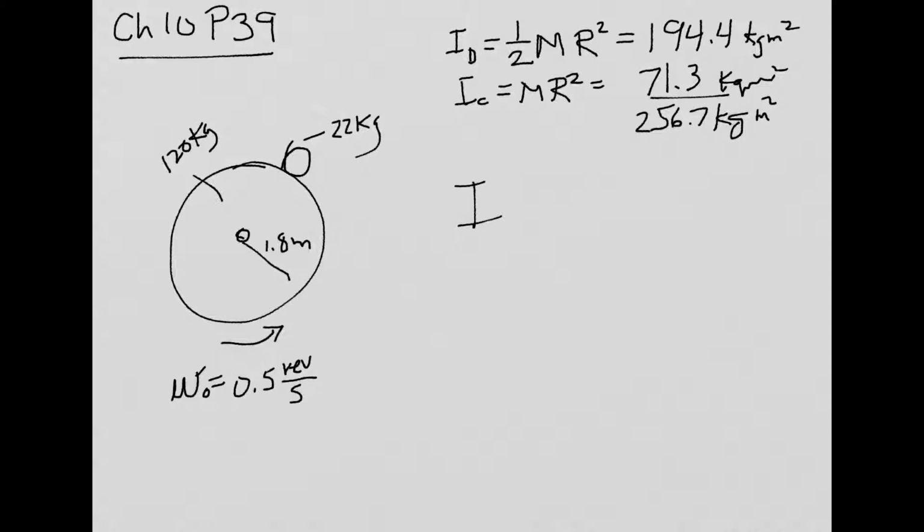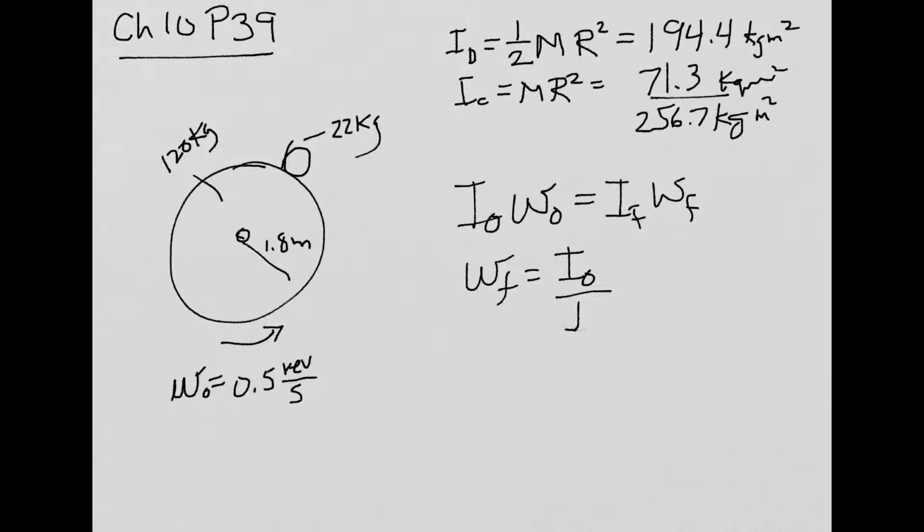So conservation of momentum says that the initial momentum, which is the moment of inertia times the velocity, is equal to the final. And we're being asked to find W final. So that equals I0 over IF times W0.